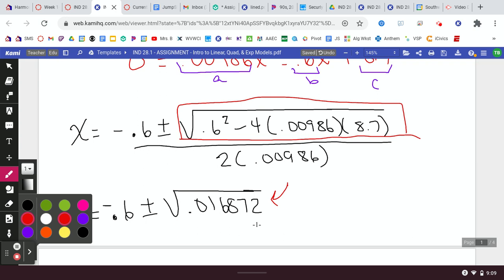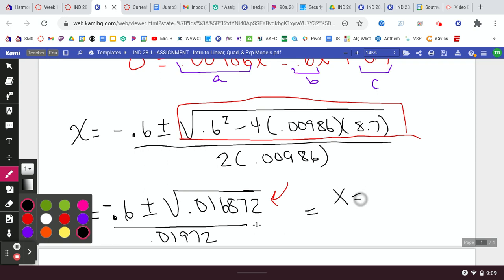And then when you simplify the underneath side, I got all over 0.01972. Again, this looks really ugly. You need to work this twice because it's one with a plus and one with a minus. Okay, so if you actually input into your calculator negative 0.6 plus, give yourself a radical sign, put 0.016872, hit equals, and then divide it by 0.01972. It's a lot of numbers and a lot of decimals, but it actually comes out very easy.